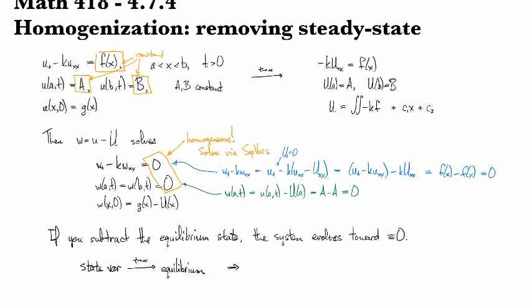But because we're looking at a linear PDE here, we can also look at it as taking the state variable minus the equilibrium solution, and that's going to tend to 0.